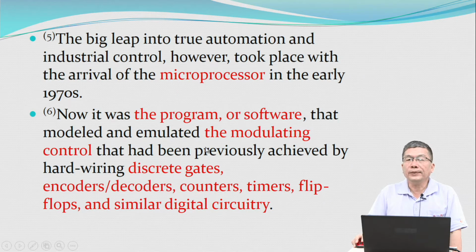The big leap into true automation and industrial control, however, took place with the arrival of the microprocessor in the early 1970s.